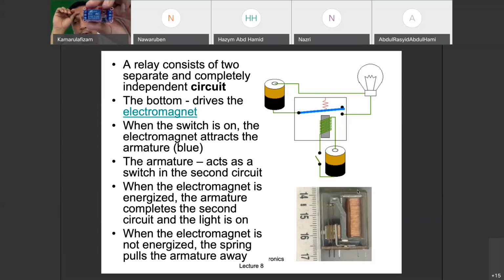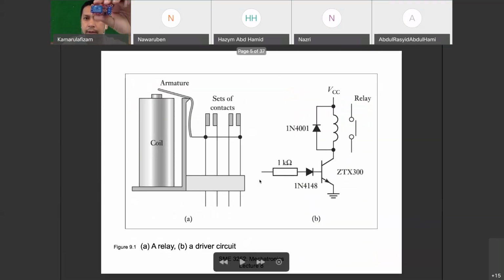So when you want to choose any relay, you have to look at the specs of your operating condition, because relay ada 2 jenis, 2 benda yang you kena tengok. Loading dekat sini berapa amp, berapa volt, loading dekat sini berapa amp, berapa volt. In this case yang dekat tangan saya ni, yang sebelah sini adalah 12 volt DC.